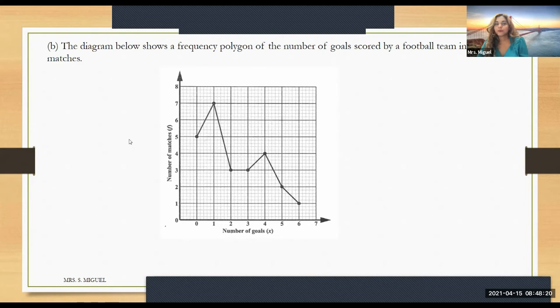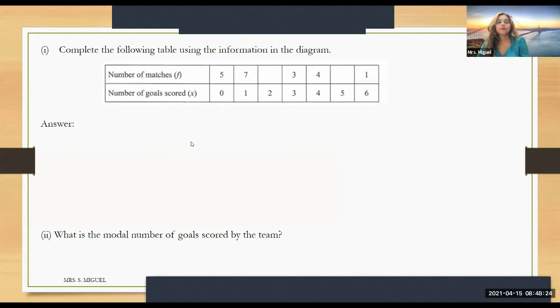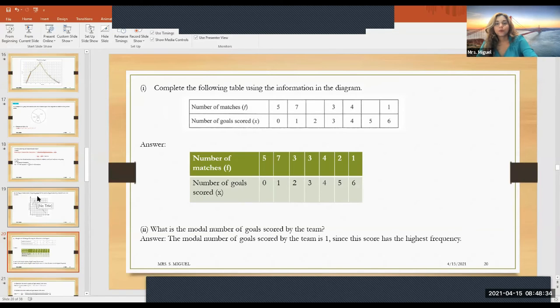But nevertheless, we will work with what we have. Complete the following table using the information in the diagram. We want to find the number of matches for 2 goals and the number of matches for 5 goals.